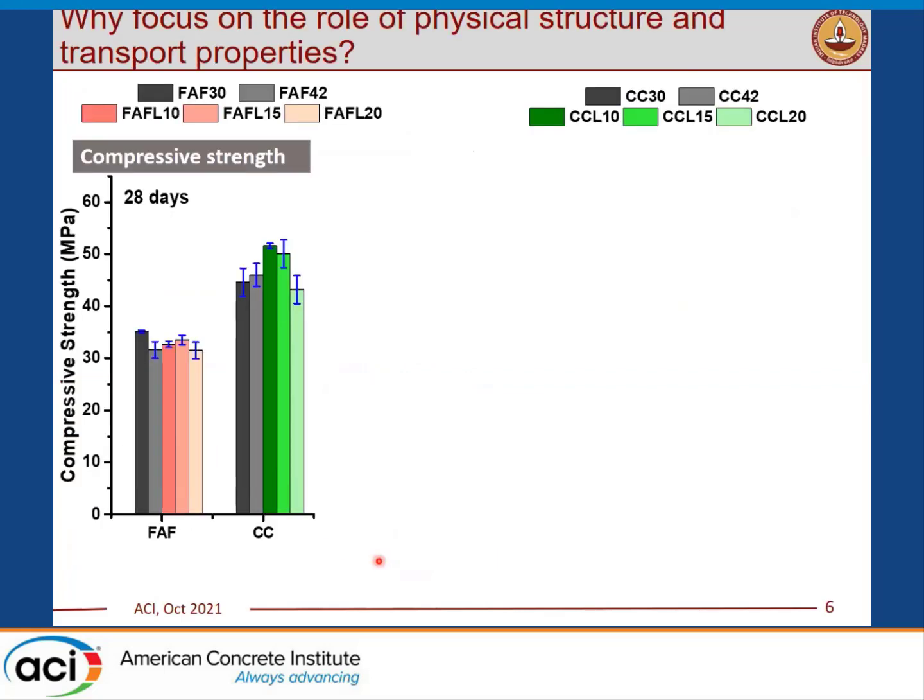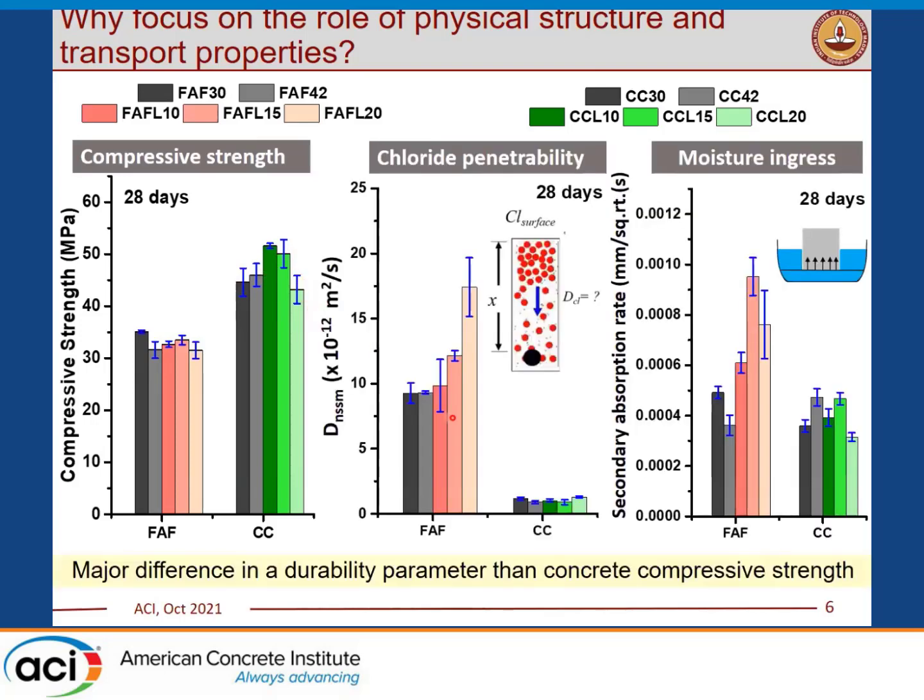Looking at why we need to focus on the role of physical structure and transport properties: when we look at the blended systems, especially the transition from high volume pozzolanic admixture based systems to a combination of fly ashes or calcined clays with limestone, you don't produce significant variation in strength. There are some minor differences, but we do see major differences in terms of durability performances.